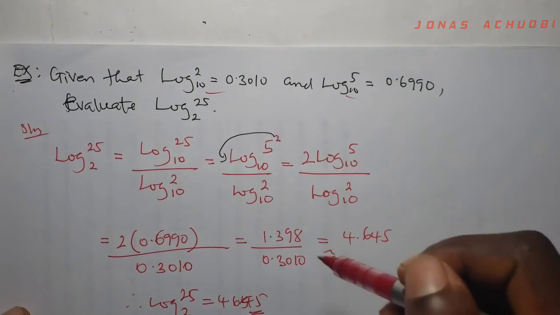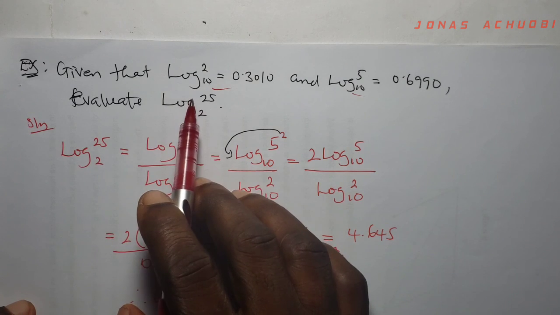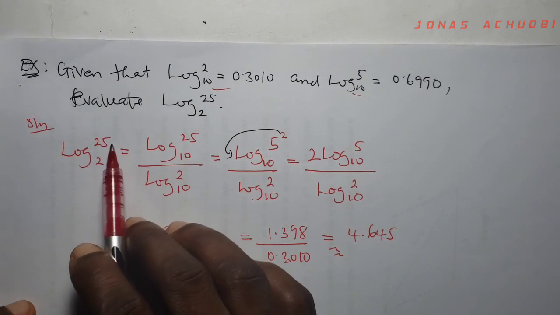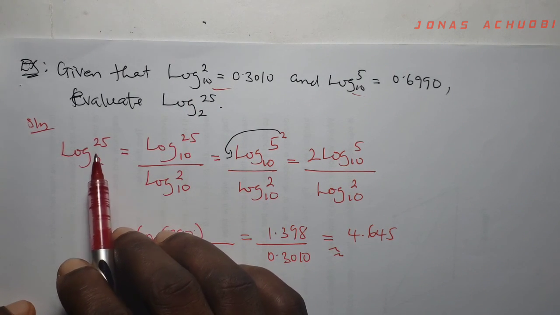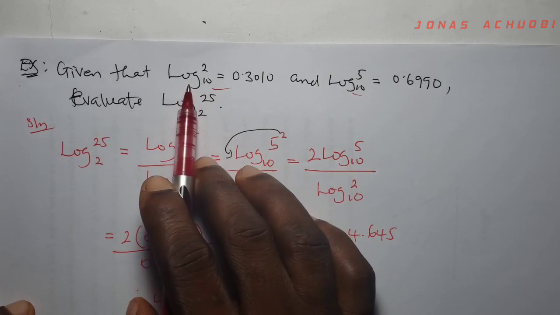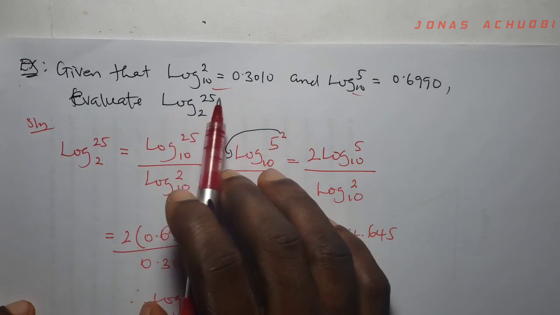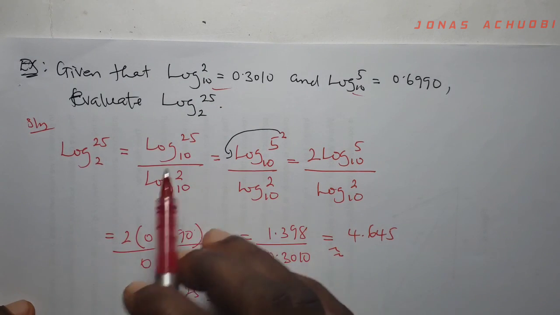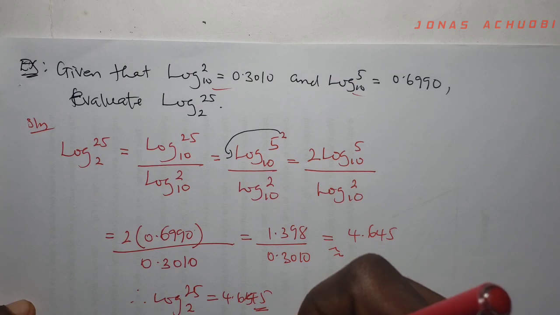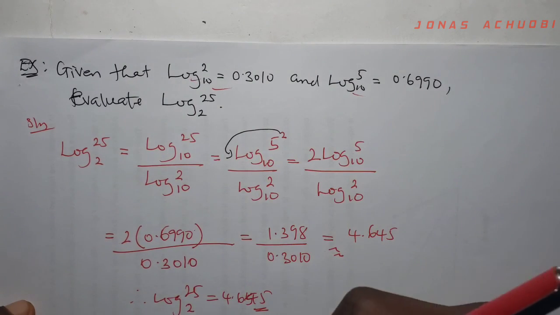So the trick in this question was that we had to convert what we are looking for to have a common base as what we are given. Log 2 is in base 10, log 5 is in base 10, or common log, and we were asked to evaluate a number in base 2. So we converted it to a number in base 10, just like what we are given.